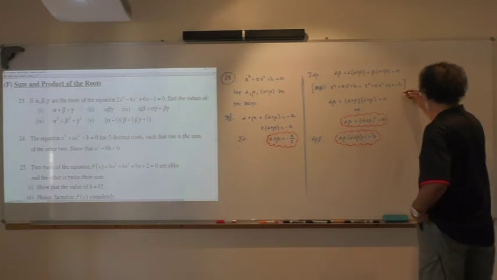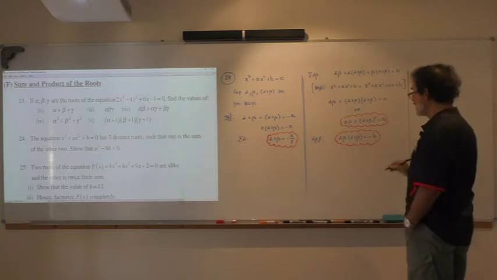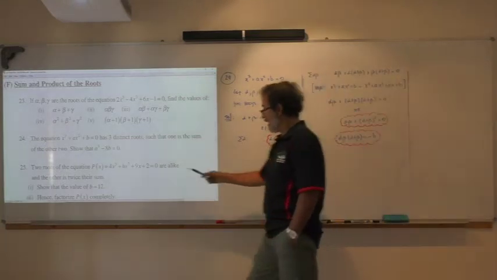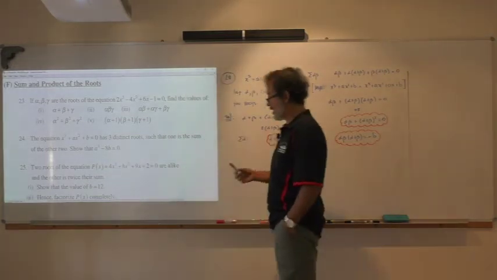Okay, let's see how we're going to find the solution for this. Keep in mind that we need to prove a cubed minus 8 multiplied by b is equal to 0. That is our goal.